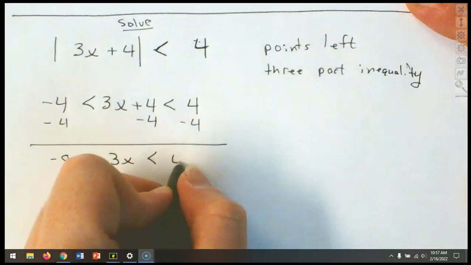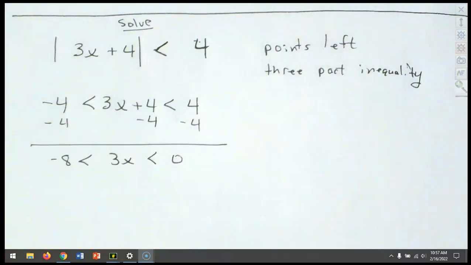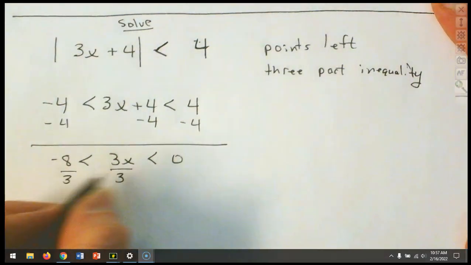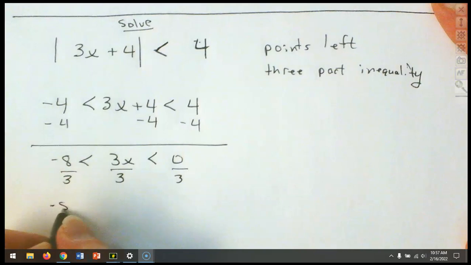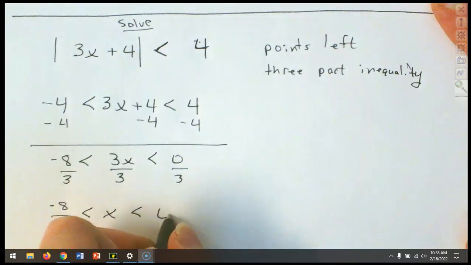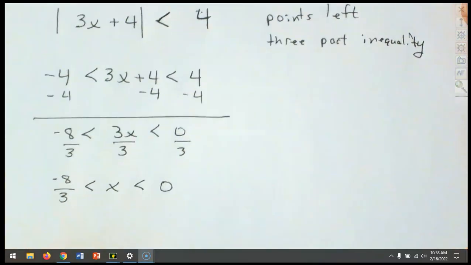And the right is 0. Let's go ahead and divide by our 3 everywhere. That makes it minus 8/3. X is in the middle. And 0 divided by any number is still 0.